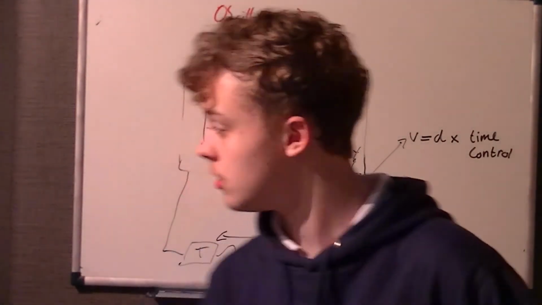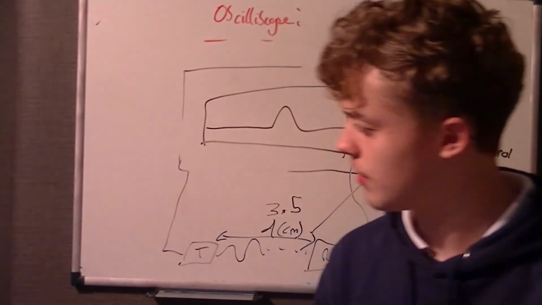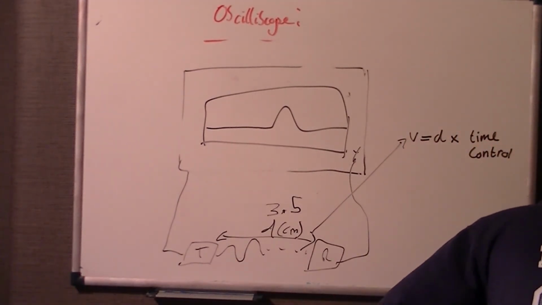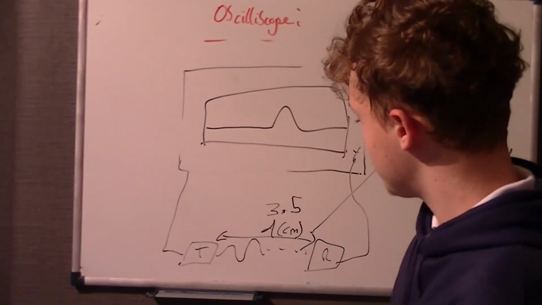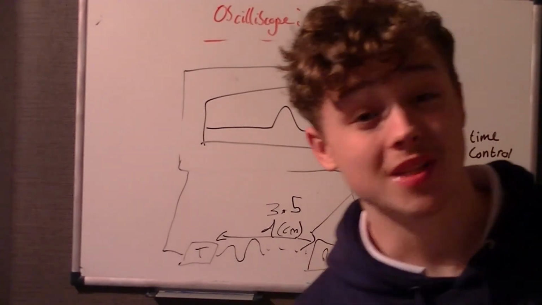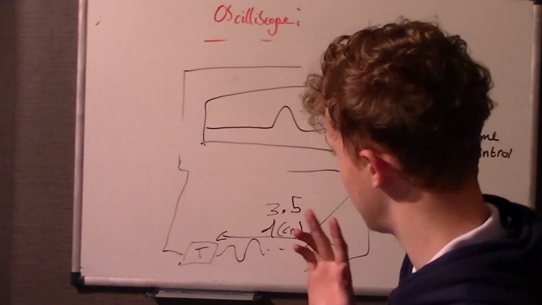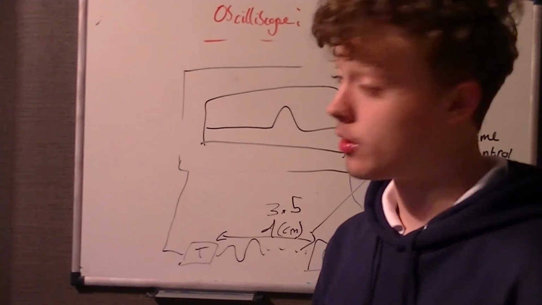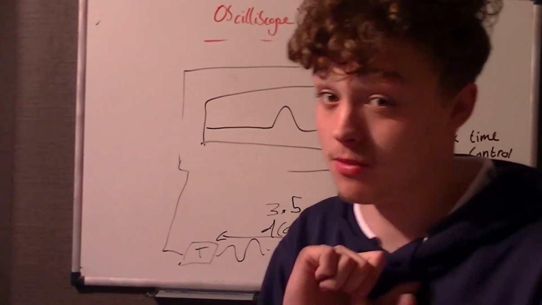Before we go on to direct current, should we just make sure I've not missed anything? Oh yeah, to measure the peak voltage, you times the amplitude distance by the Y gain, which is how much each centimetre block is in terms of voltage.